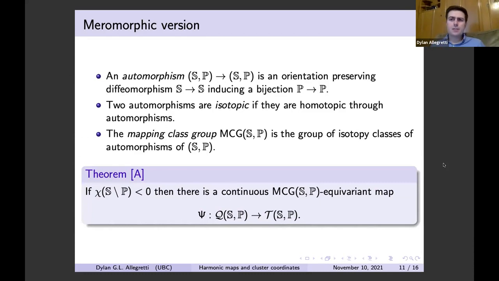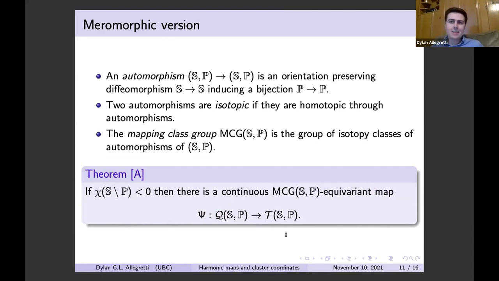And this is a generalization of that earlier result of Hitchin and Wolf, because the way it works is you're taking a quadratic differential and you're mapping it to a point in Teichmüller space where the marking is a harmonic map whose Hopf differential is the given quadratic differential.